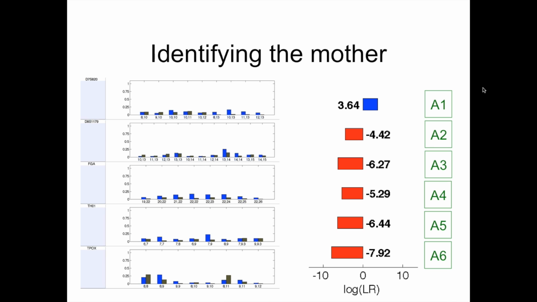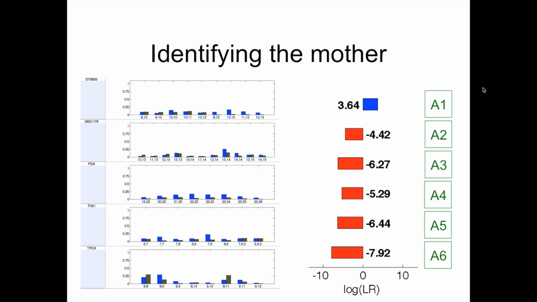And here we see that individual A1 has a log LR of over 1,000. The likelihood ratio is over 1,000, and the log LR is 3.64, which is an inclusionary value, which lends considerable support to her being the mother of this deceased child.